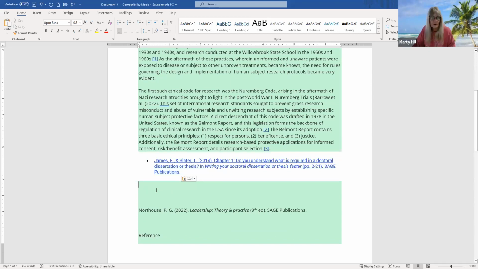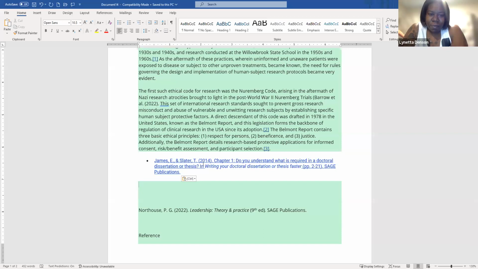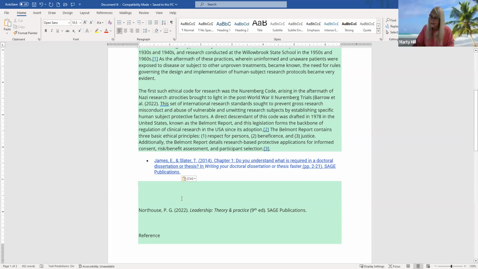For your reference, let me show you. James and Slater are the authors of this book. It is not an edited book, so it is going to be formatted just like Nordhaus is. James and Slater, 2014.